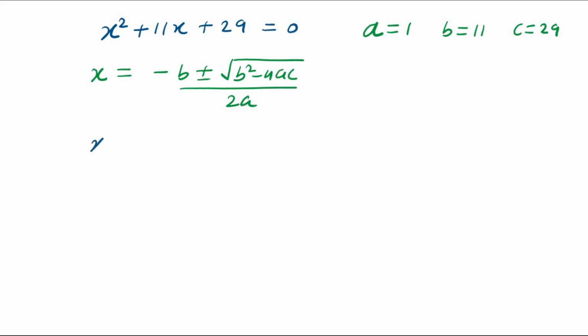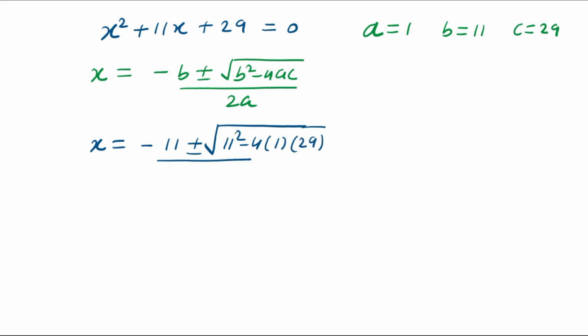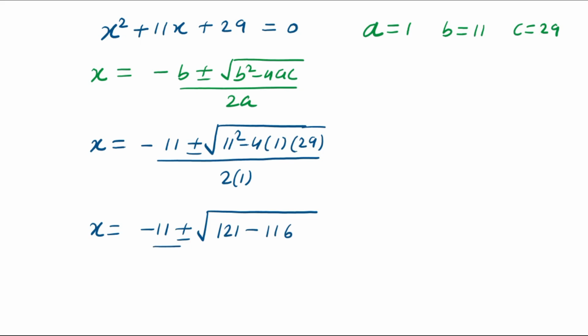Then x is equal to minus 11 (the value of b) plus minus square root of 11 square minus 4 times 1 times 29 divided by 2 times 1. Then x is equal to minus 11 plus minus square root of 11 square is 121 minus 4 times 29 is 116 divided by 2 times 1 is 2.